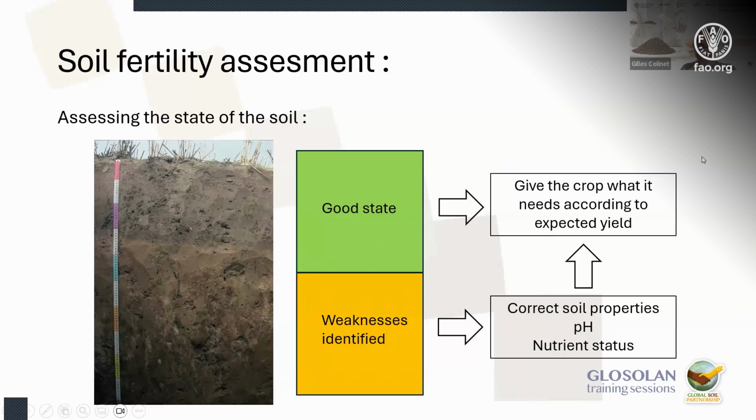The general idea is to give the crop what it needs according to the expected yield. And if you have weaknesses, to correct the soil properties, such as the pH, the nutrient status, in order to be in a good state. And when it's in a good state, you give the crop what it needs.